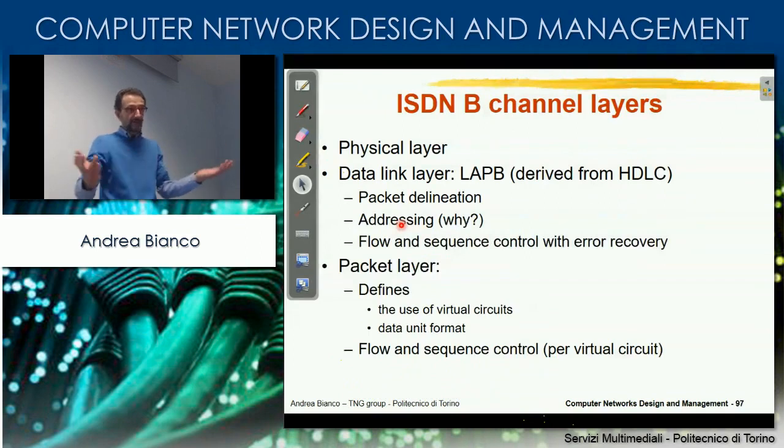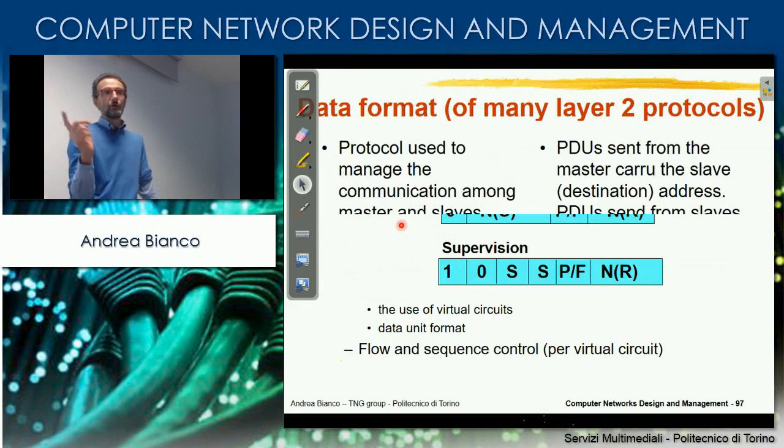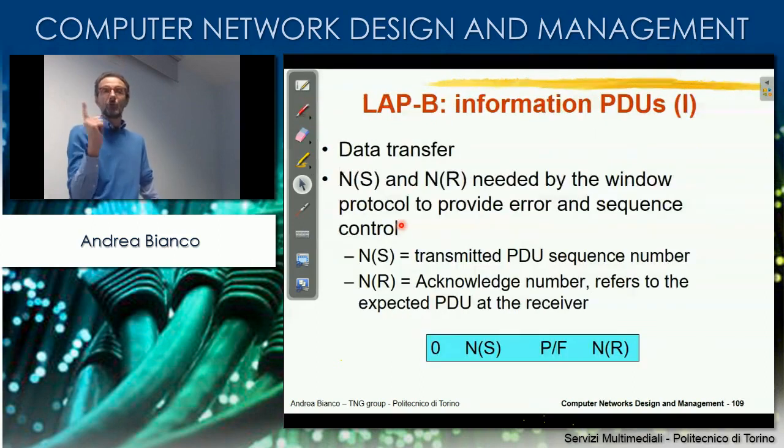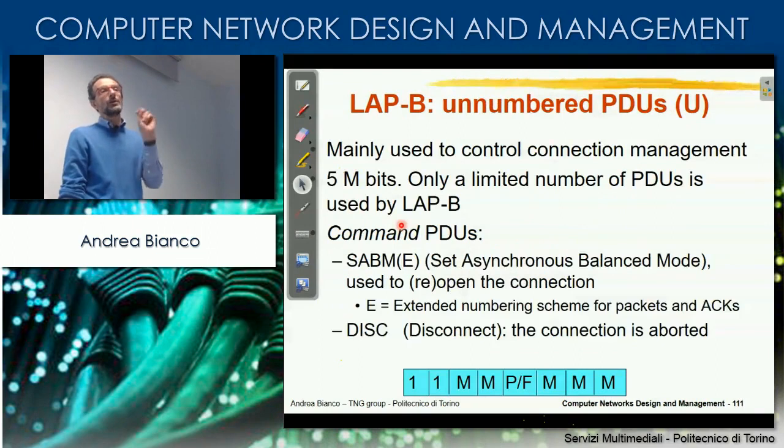On the one hand, on everything, on the other hand, per virtual circuit. How do we implement flow control? Well, there are several options, but now that you know there is a window protocol and how it works, a nice way, which is the most popular one, of implementing flow control is to act on the window size.